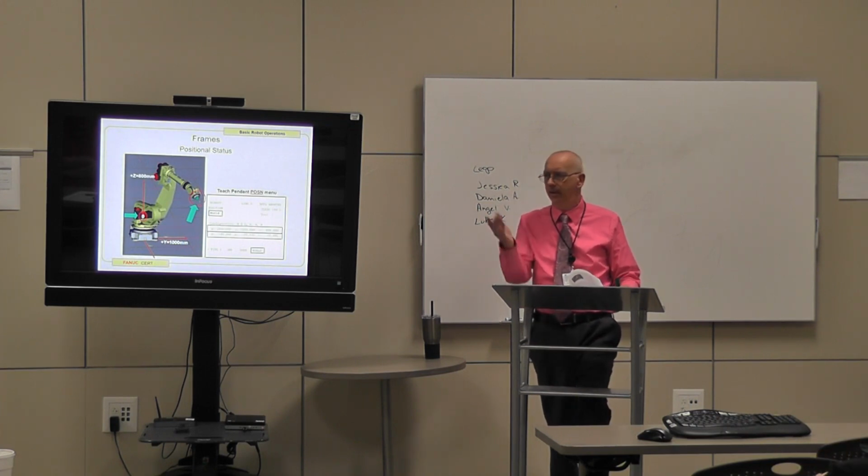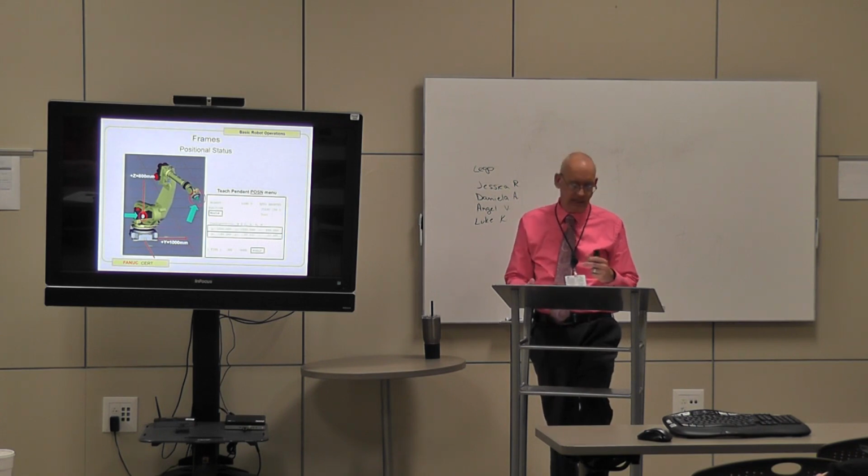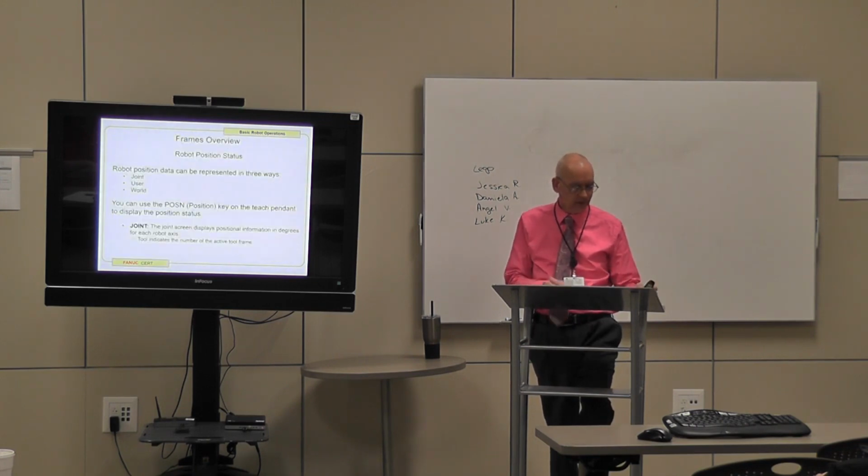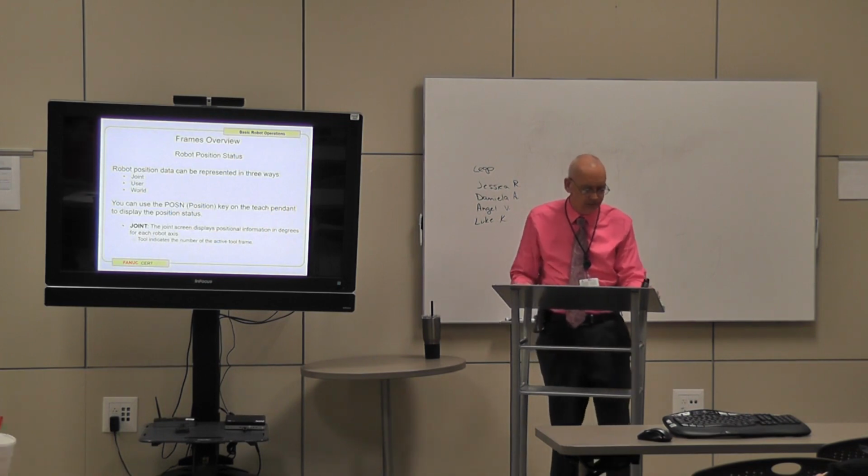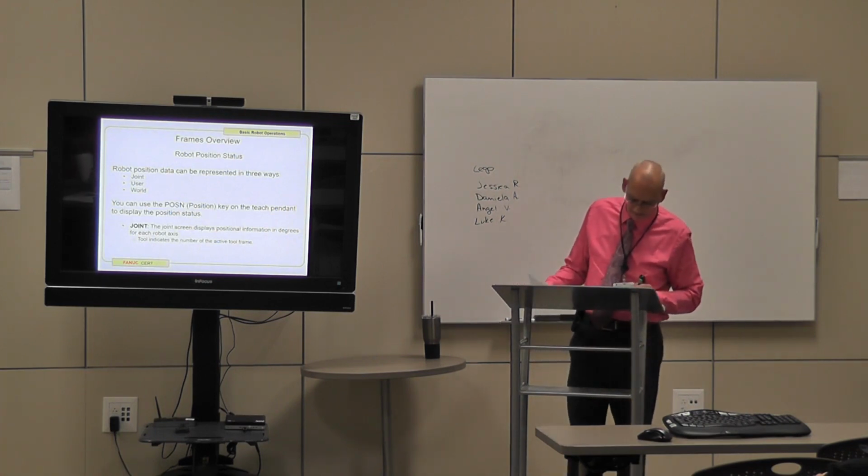We have that position button there. It's a soft key. But we can change that one, because we're making an input to that. We cannot change these. These are just status information, okay? There's no changing that.